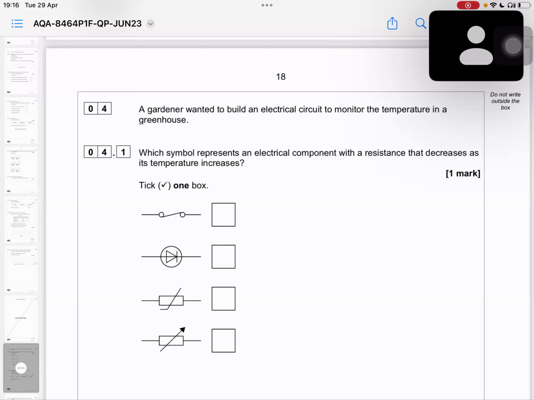The first one is the switch. The second one is, what's that thing called? Transistor. That third one looks like it may be correct too, but I'm not sure of the fourth one. The fourth one looks familiar. That third one, I'm not too sure of it. But what does the marking scheme go with?